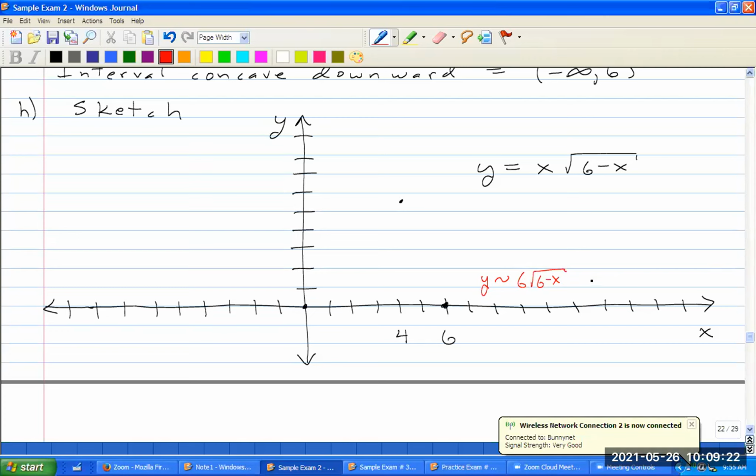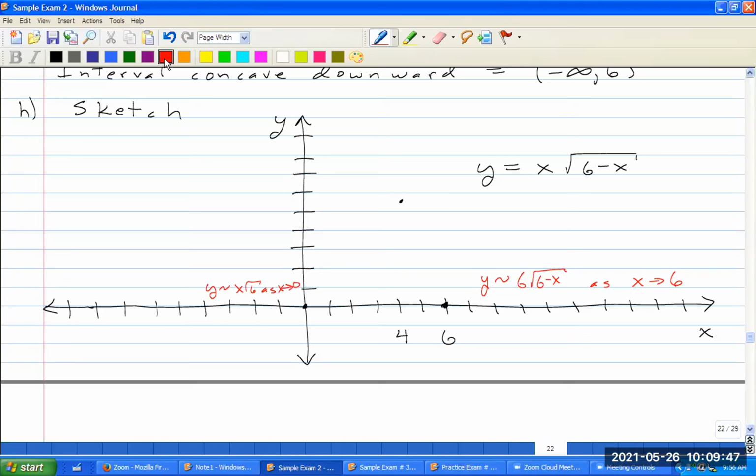So as x goes to 6. As x goes to 0, f of x is asymptotic to, let's say, x rad 6. Okay, so it looks linear. So it flattens out here.